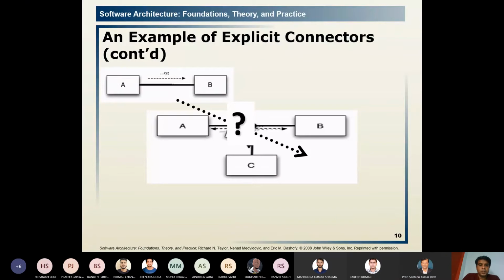Now here A, B, C are interrupted. So who is in the middle, helping A and B to interact? These are the explicit connectors used in between the components.